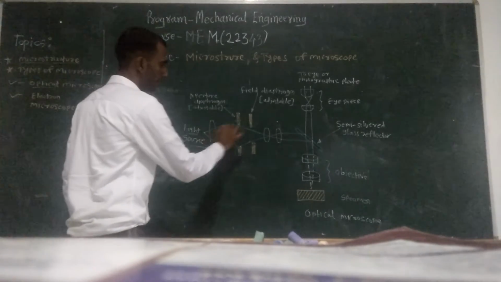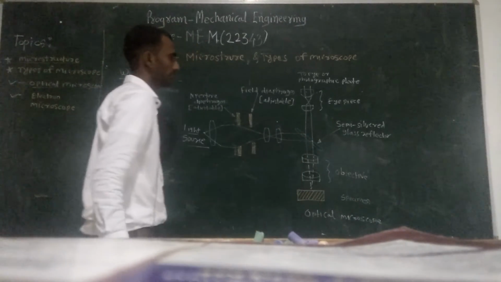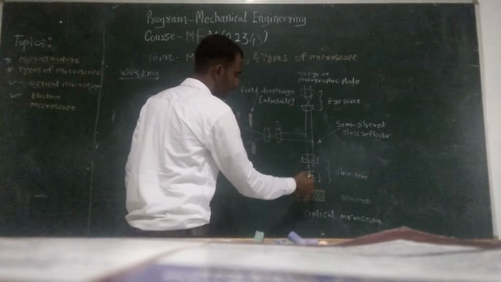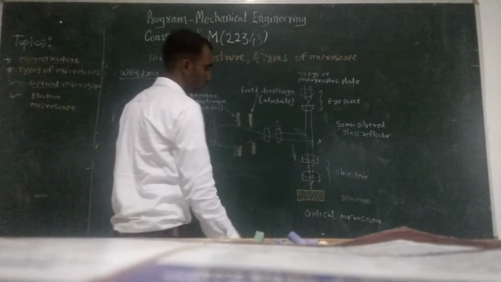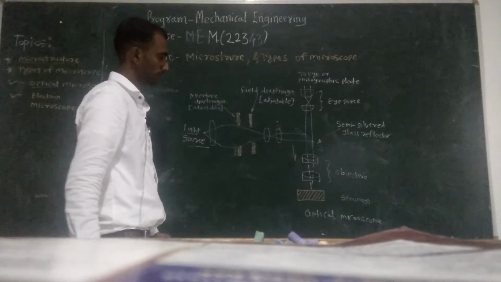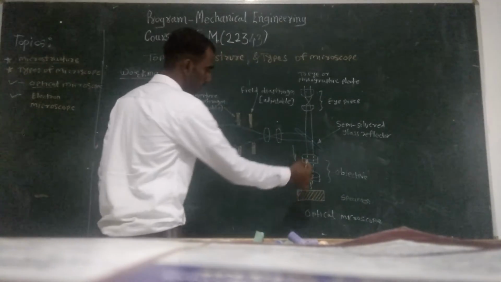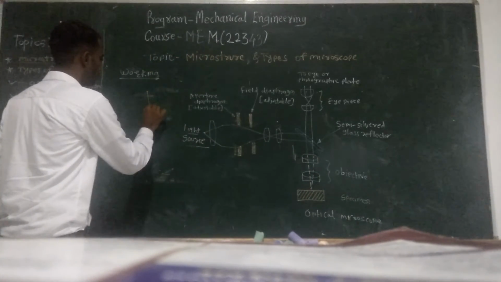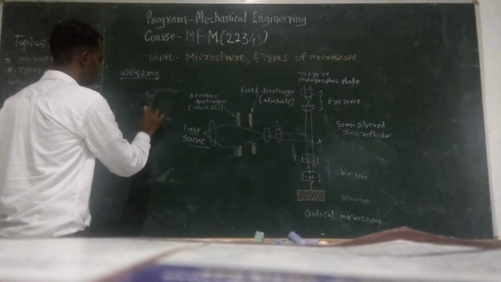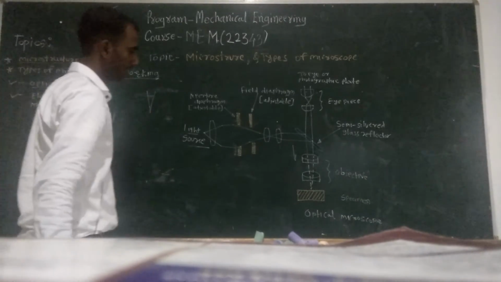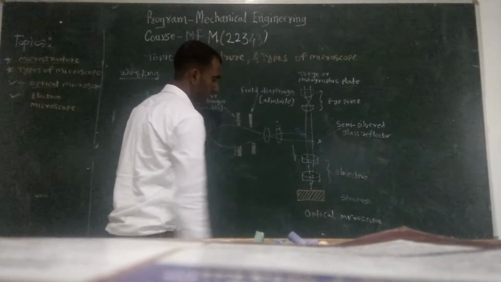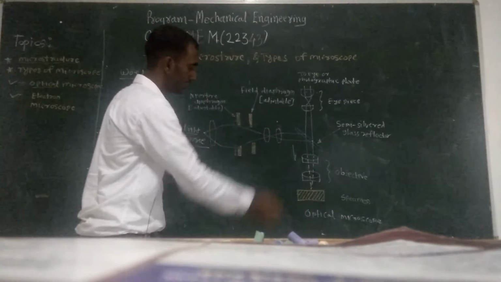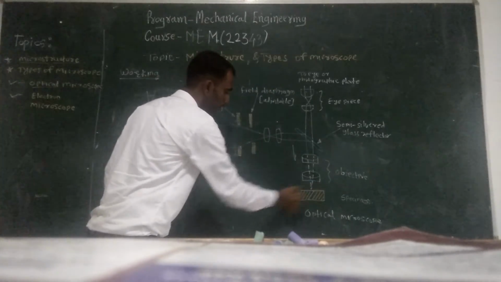After striking the semi-silver glass reflector, the rays move in the downward direction through the objective lenses, where the rays are concentrated towards a point and they impact on the specimen, meaning they get impacted on the surface of this specimen.